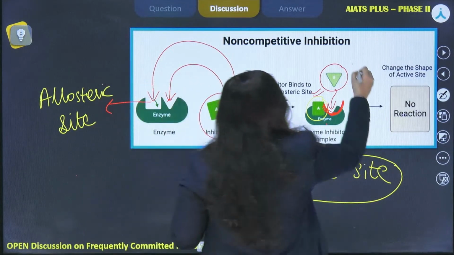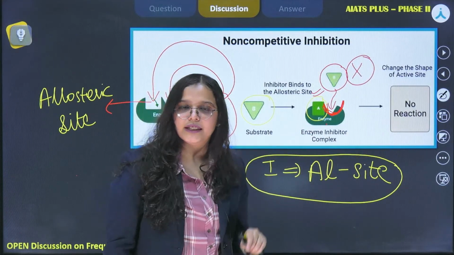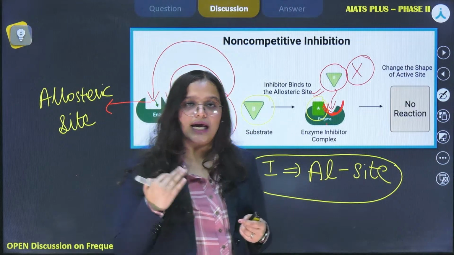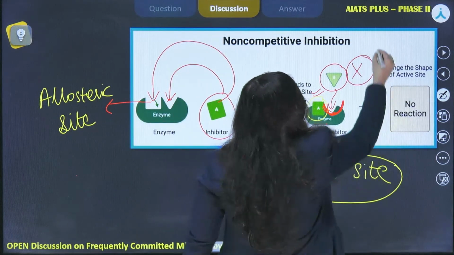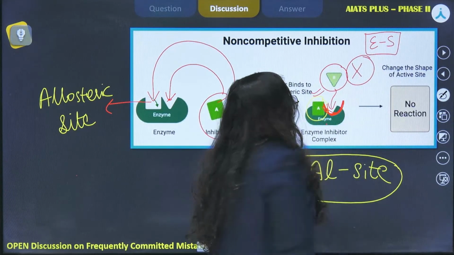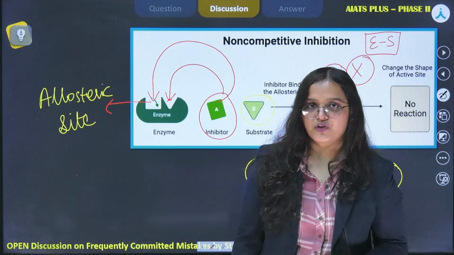Since the substrate will not be able to bind to the active site properly, there will be a decrease in the rate of reaction, as formation of the enzyme substrate complex is a mandatory step during the course of a chemical reaction.